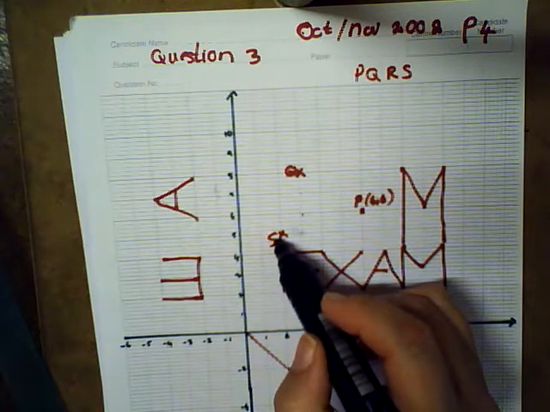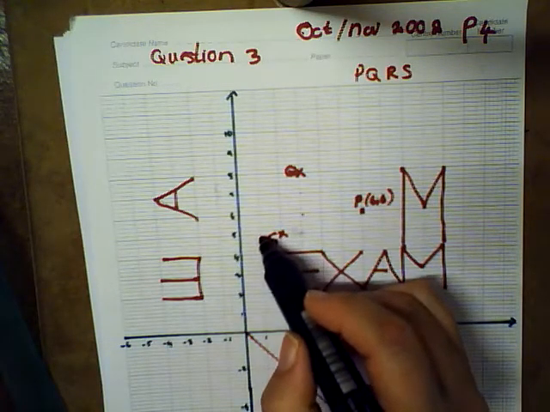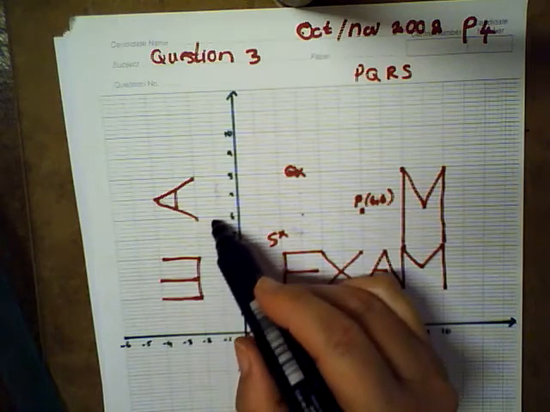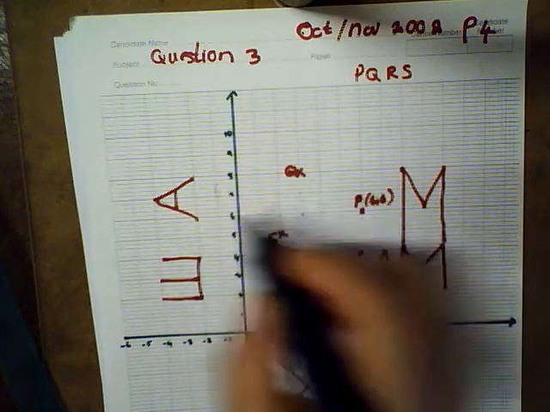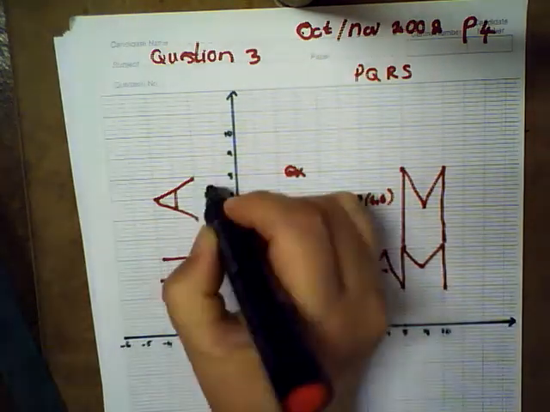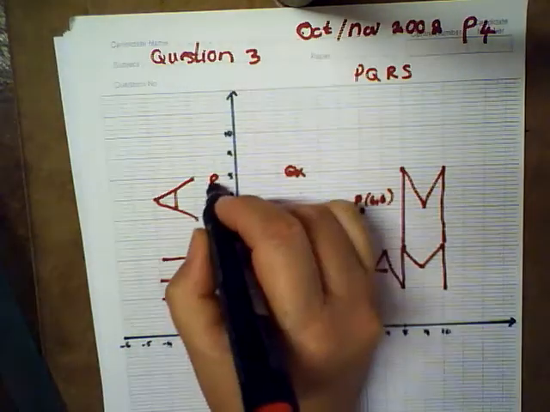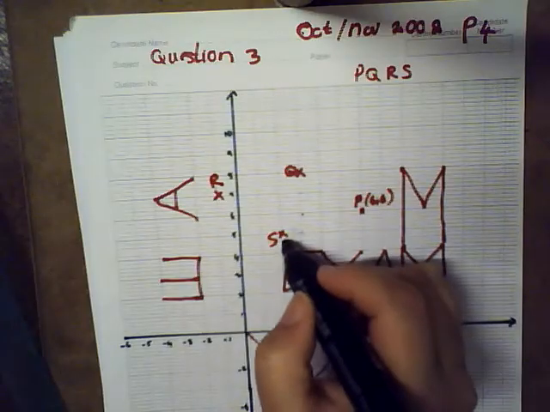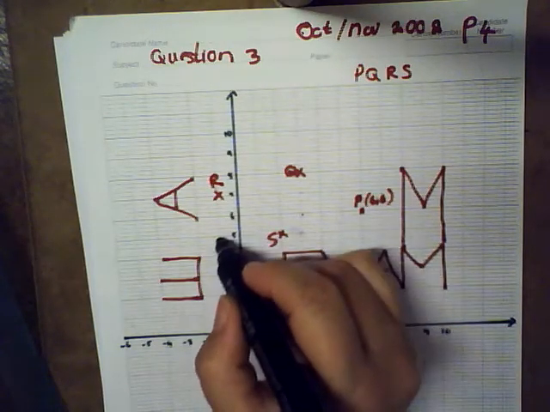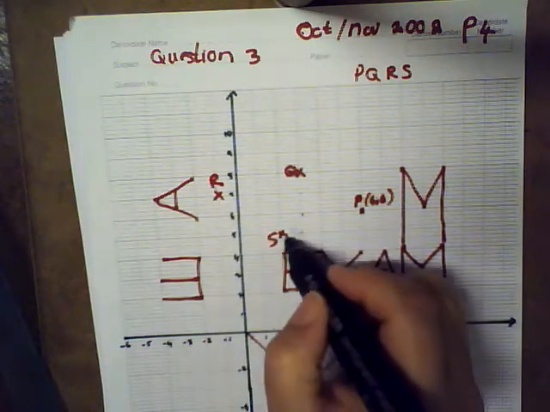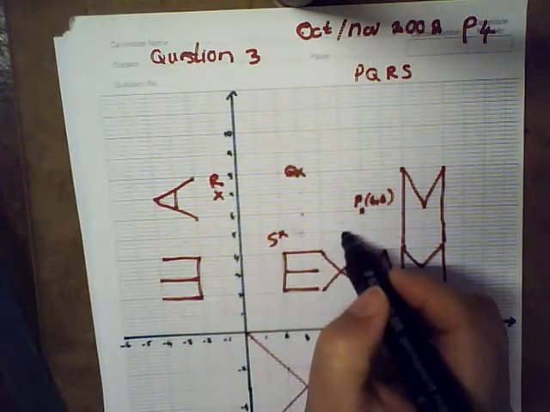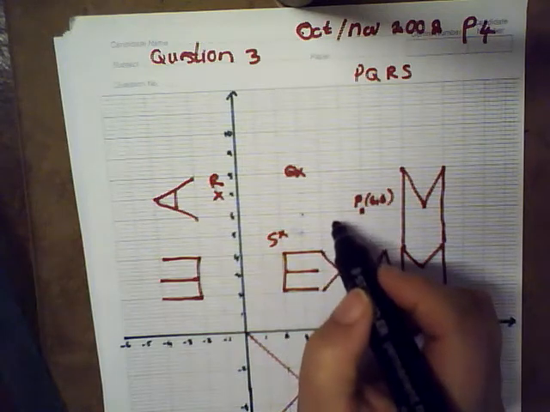Let me quickly check here. Okay, there we go. There should be the point R. Let me quickly check again. 1, 2, 3, 1, 2. Where's the 3, 2?